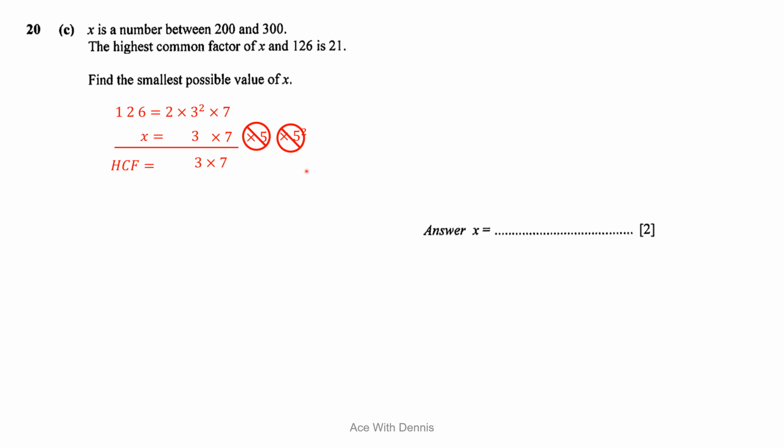So it is not 5 squared. Let's move on to the next prime number, which is 11. So 3 times 7 times 11, which is 231. This number is between 200 and 300. Hence, this is the smallest possible value of x. Hence, the answer is 231.